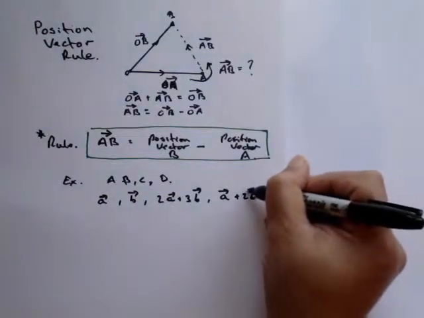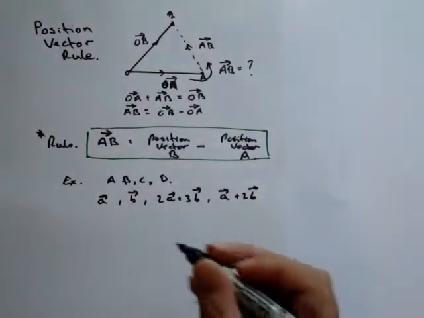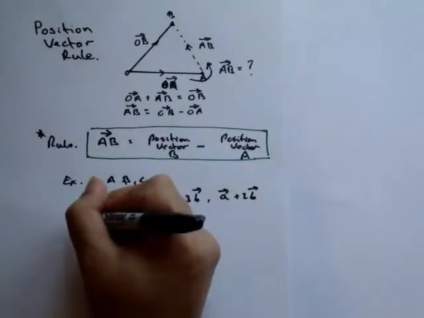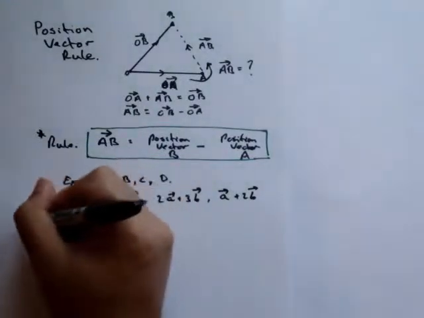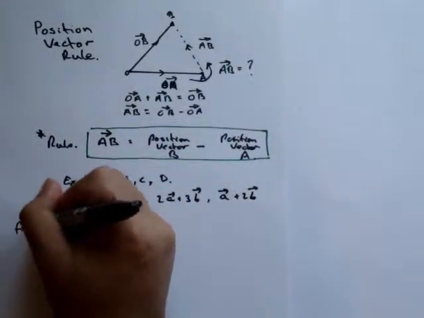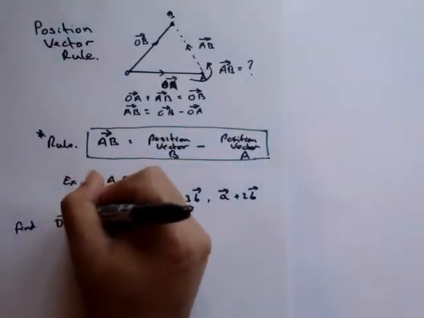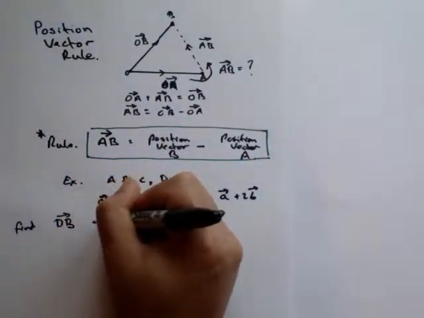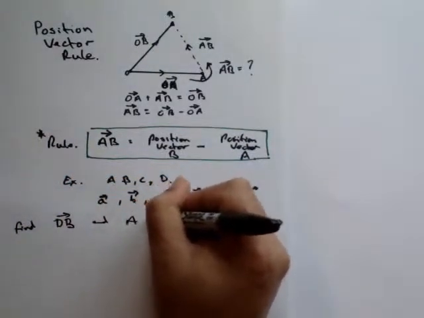So those are our position vectors, and we want to find out DB. So find DB and also find AC.